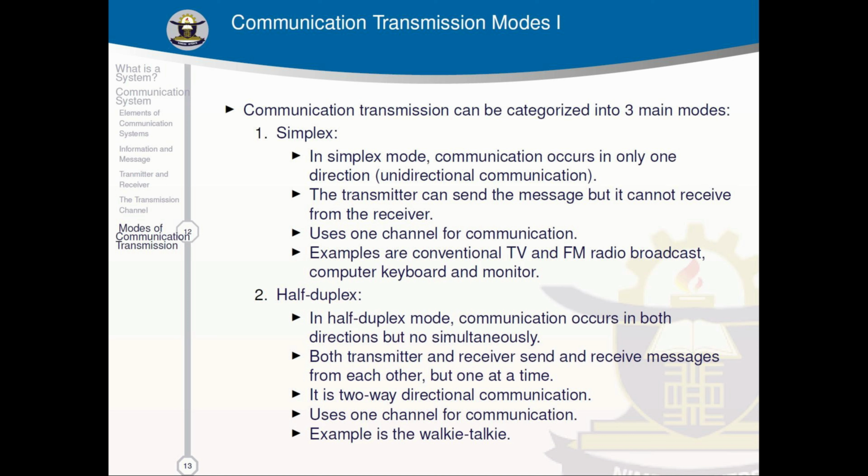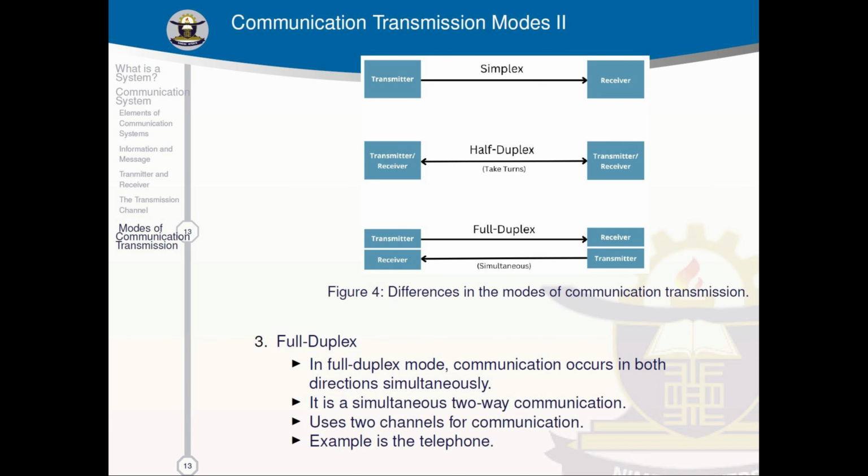In the half duplex, communication still uses only one channel, though it is a two-directional communication. And so the transmission cannot be simultaneous, meaning that the receiver cannot send information to the transmitter whilst the transmitter is also sending information to the receiver at the same time. They need to make use of just one channel, and communication occurs one after the other.